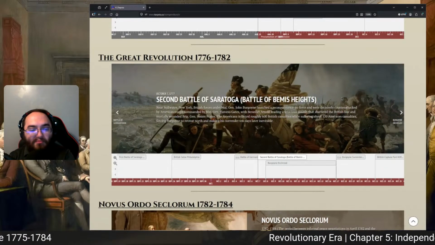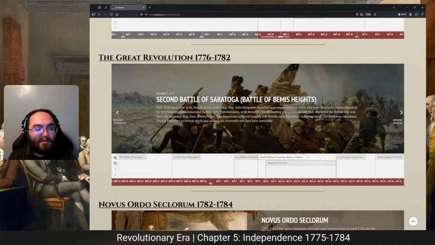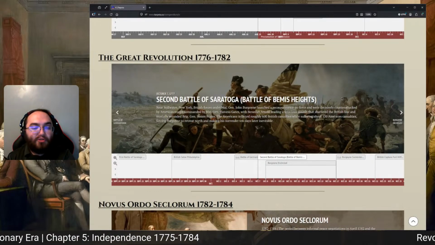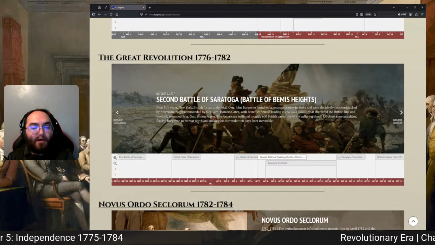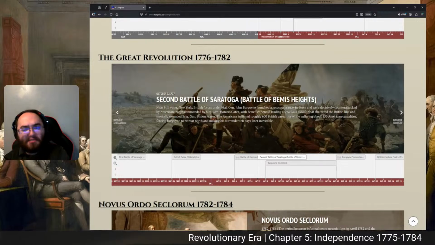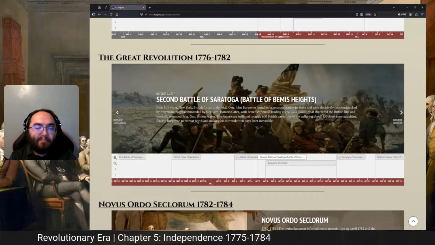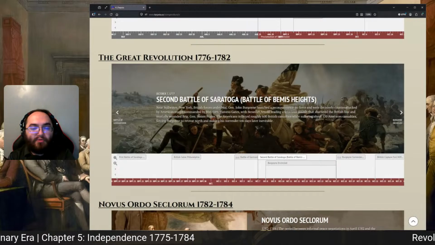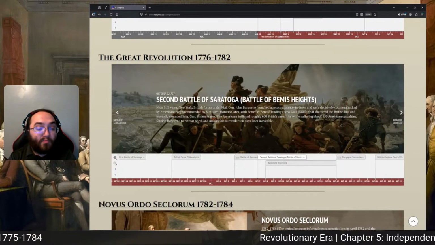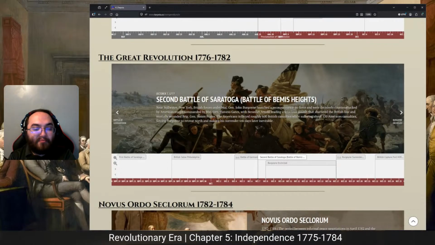Then you have the second battle of Saratoga, the Battle of Bemis Heights, also near Stillwater, New York. British forces under Major General John Burgoyne launched a reconnaissance in force and were decisively counterattacked by American troops commanded by Horatio Gates and Benedict Arnold, leading a ferocious assault that shattered the British line and mortally wounded Brigadier General Simon Fraser.